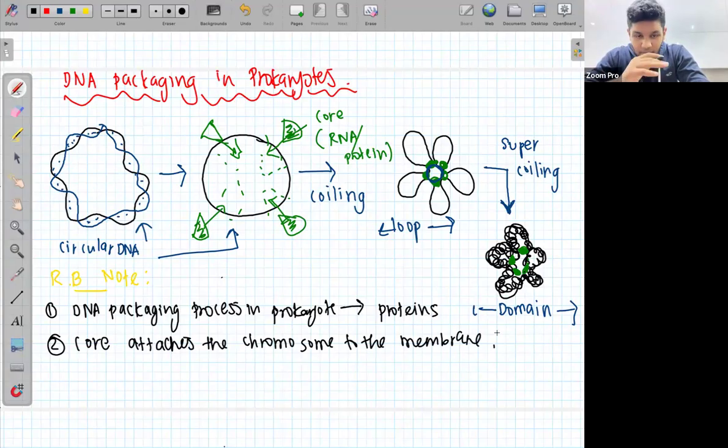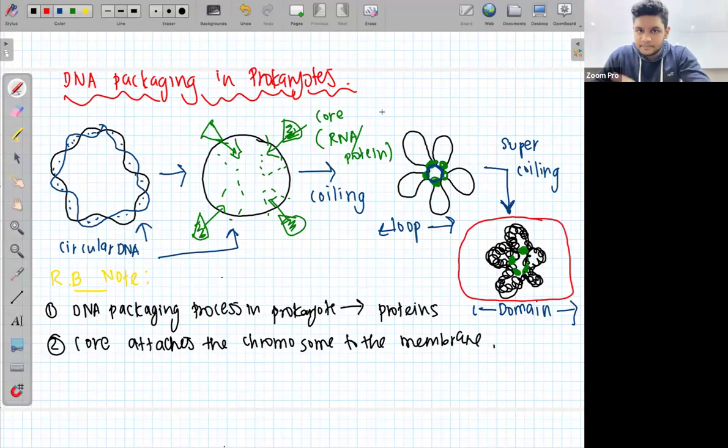If you break down this point, you can understand it. Now just take the loop domain here. At the end of the first process of DNA packaging, the loop domain, so number one. Now there might be multiple DNA packaging taking place and multiple ones will be getting collected. Am I right?